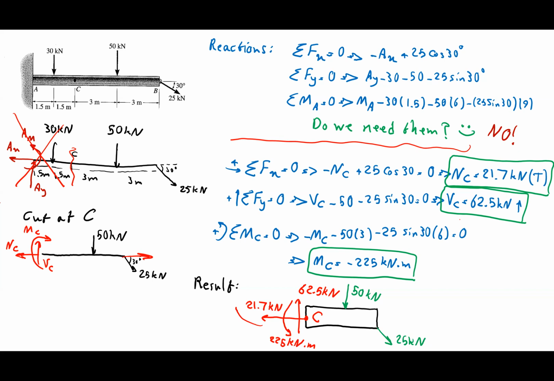Positive VC, 62.5, is going upward. Why? Your positive convention again. Remember it. Positive going upward, 62.5. And then you have an MC, which is negative, right? What does it mean? The convention was happy face. Now, MC is negative 225, so you're going to have a sad face of 225 kilonewton-meters.